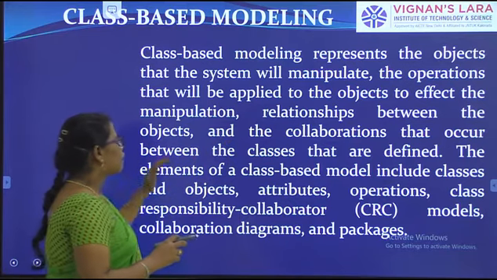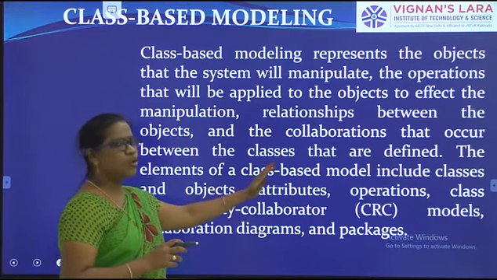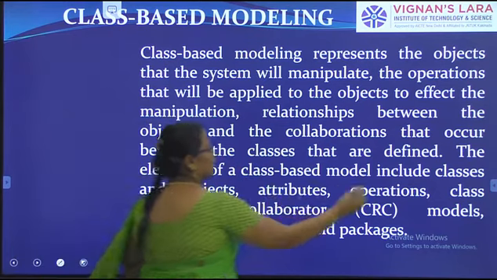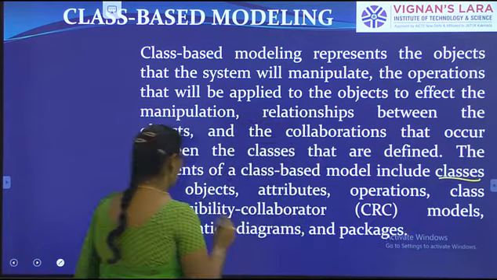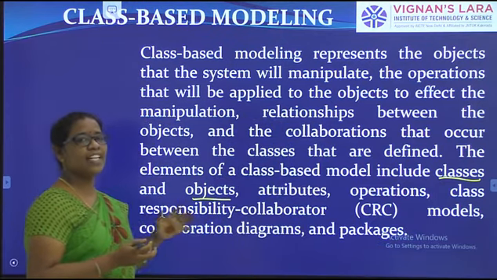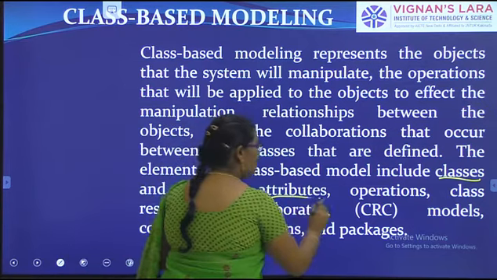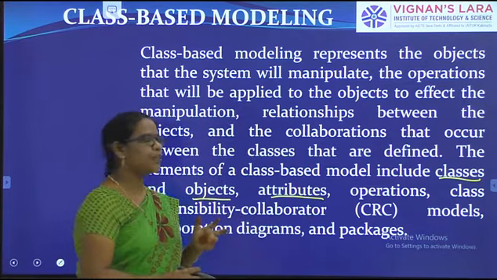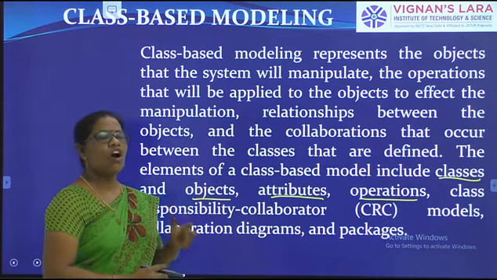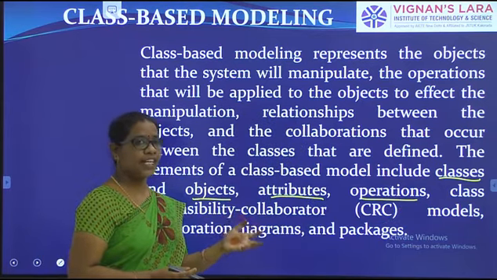To define the elements of a class-based model, we have seen classes. In the previous session we saw what is an object, what is a class, and what is the diagram for that, how the class diagram is represented. What we call the attributes, what the operations are, and how operations are represented in a class diagram.